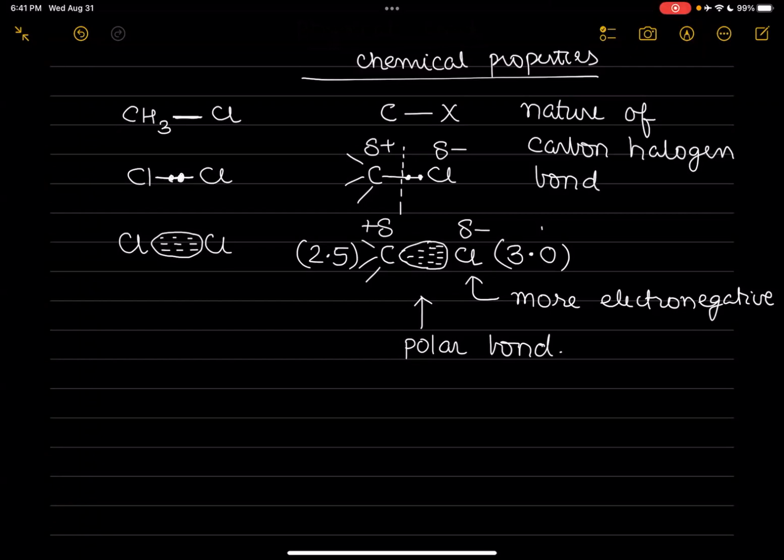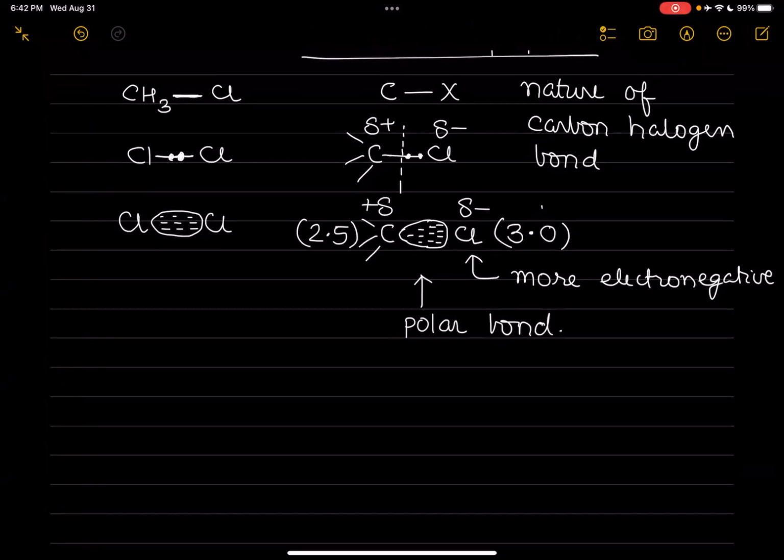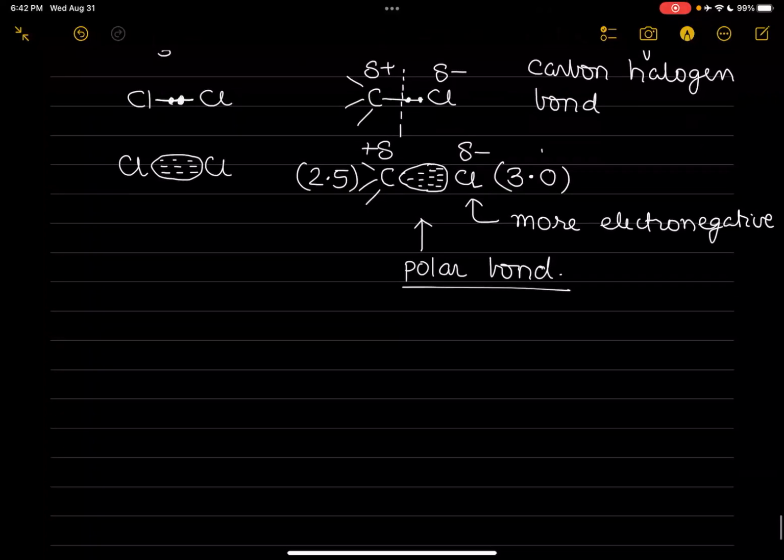So it is a polar bond, and because of this polar bond, we also write CH3Cl like this. We put an arrow, and you can notice the tail of the arrow has a plus charge. It means the bonded electrons are getting shifted towards chlorine because chlorine is more electronegative than carbon.